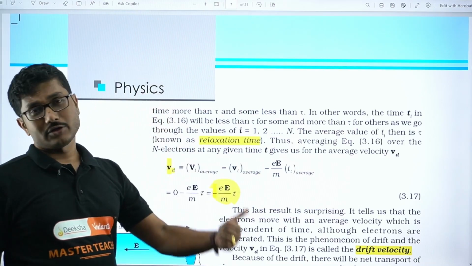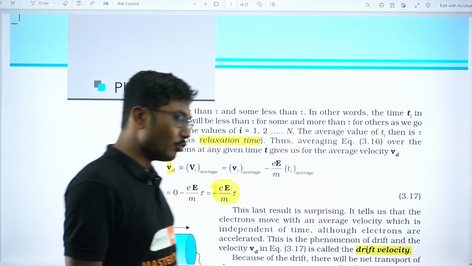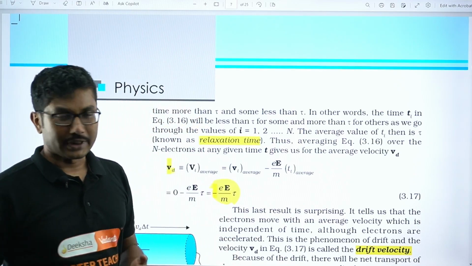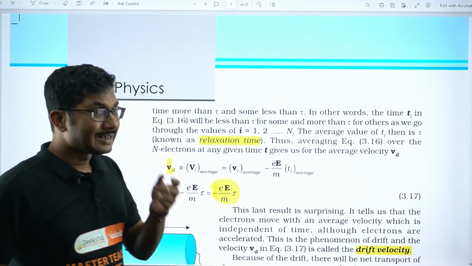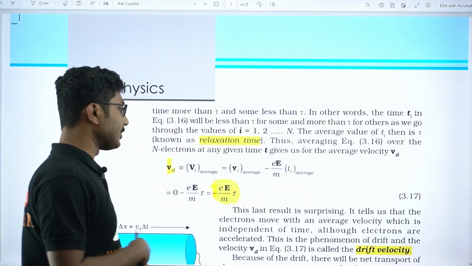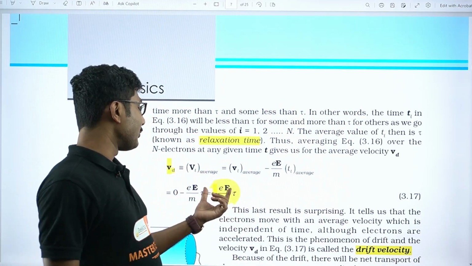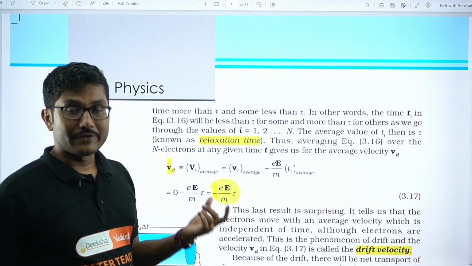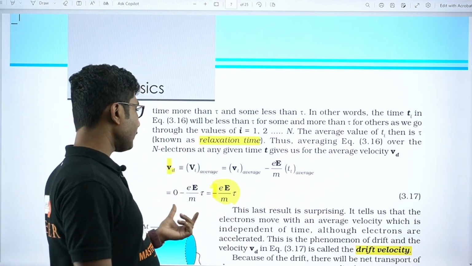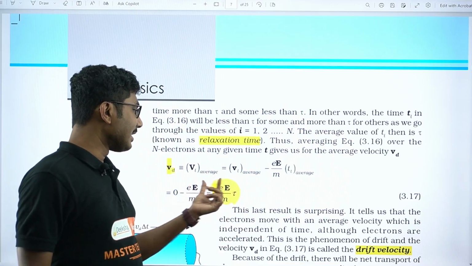So electrons move opposite to the applied electric field. The velocity with which they move is basically constant. Even though they start accelerating, it stops because of the collisions in between. So you can calculate the drift velocity, which is very important. The drift velocity is given by E tau by m.